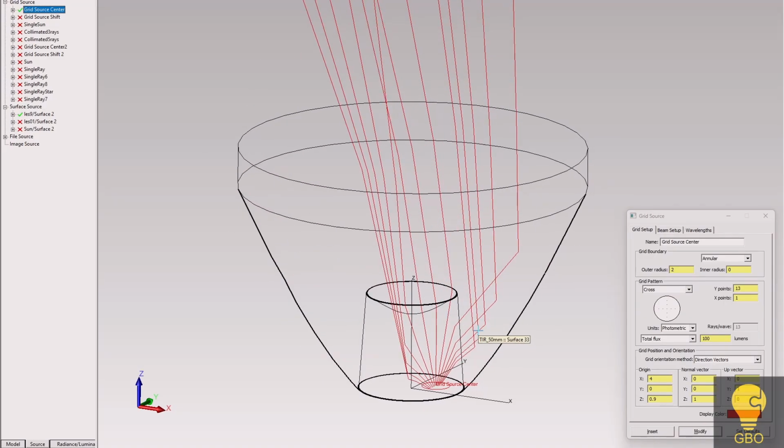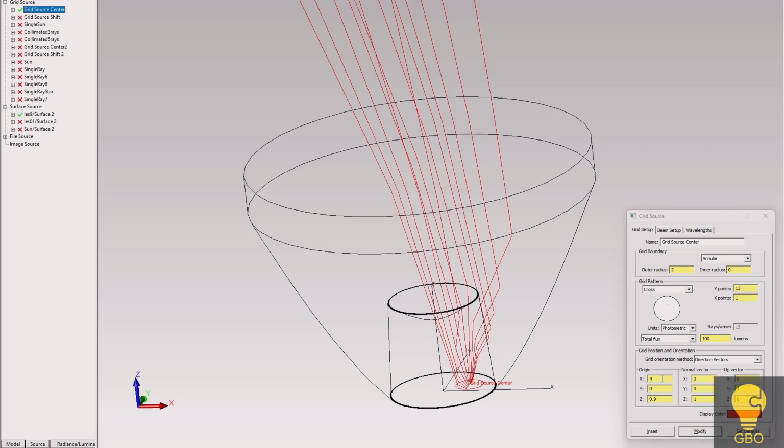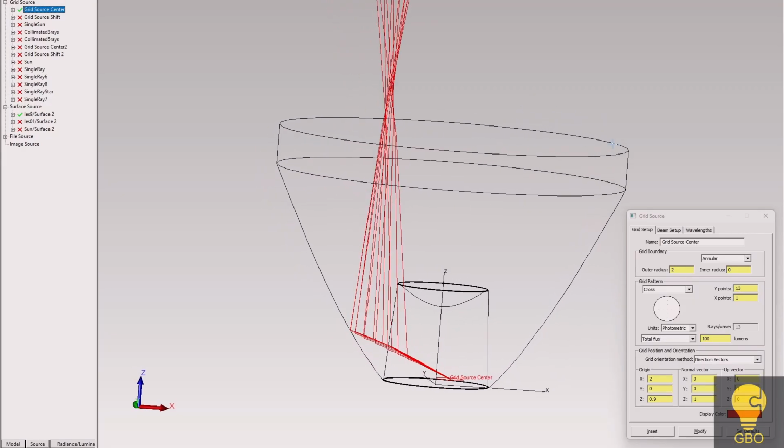What happens instead if the center of the fan is tilted a bit? So let's try to move this one this way. Okay.